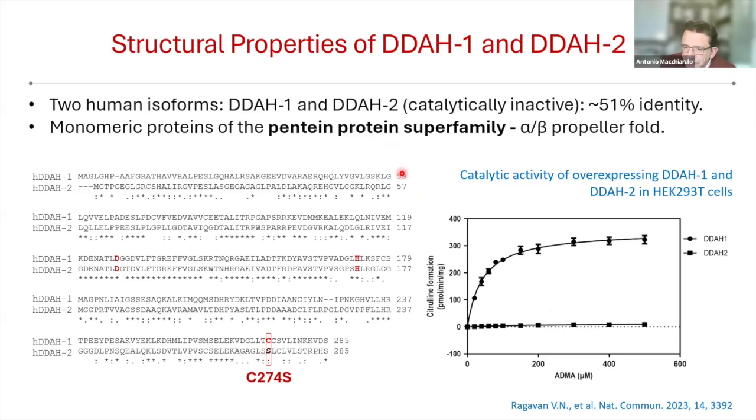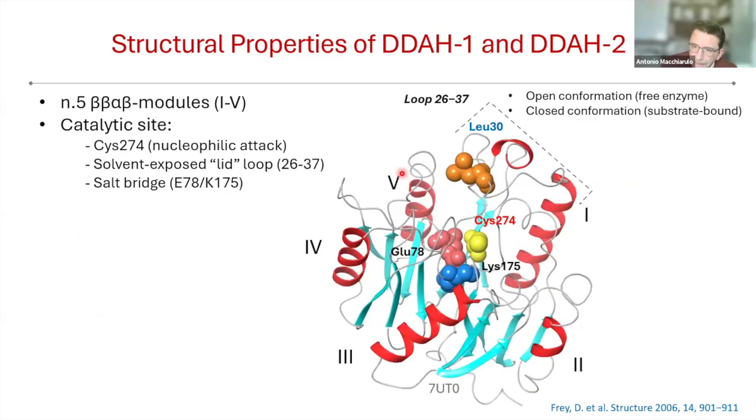As you can see here, there is a key difference between the two enzymes in the sense that the catalytic cysteine of DDAH1 is substituted by a serine in DDAH2, and this replacement determines the lack of catalytic activity in the second isoform, as you can see from the plot of the production of citrulline in cells that we published in a recent work in Nature Communications in 2023.